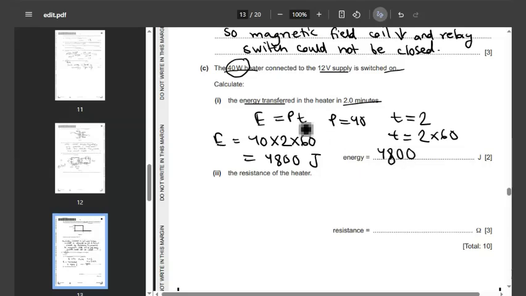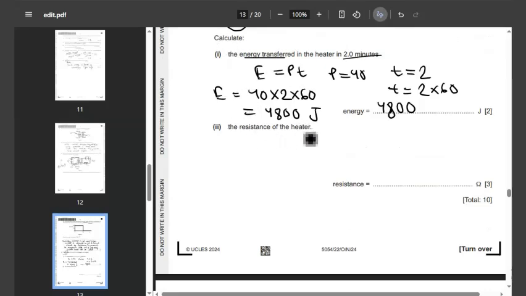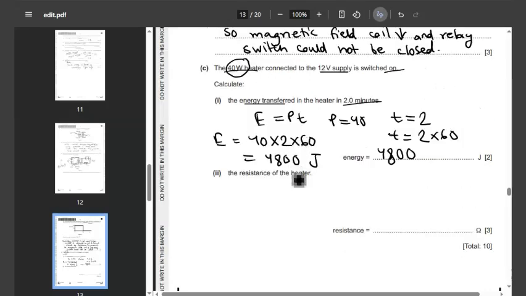Okay. Roman 2. Calculate the resistance of the heater. So the resistance can be calculated using the power and the voltage. So the power is V squared divided by R. Therefore the resistance is V squared divided by the power, right? So the voltage is given, 12.